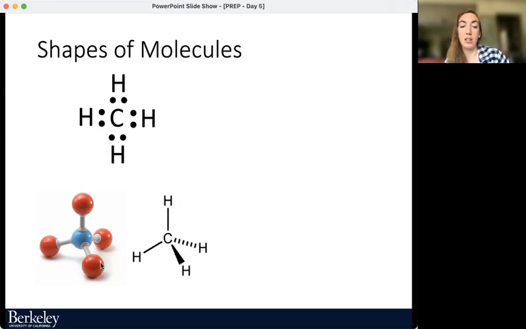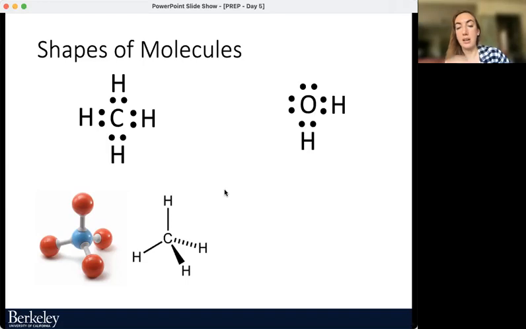We can draw this type of 3-dimensional shape on the left like this, where bonds that are coming out of the page towards us have this little triangle, and bonds that are going back away, like into the screen, have these dashes. So don't worry about this too much. Again, I just want you to realize that these molecules are 3-dimensional, even though we're drawing them 2-dimensional on the page.